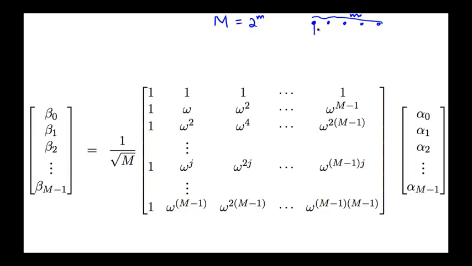In order to carry out this transformation, we take these little m qubits and feed them into a quantum Fourier transform sub m circuit, and what we get out is little m qubits whose state is described by beta naught through beta M minus 1, which is exactly this Fourier transform applied to the input vector. Okay, so now we want to understand how to carry out this transformation using an efficient circuit.